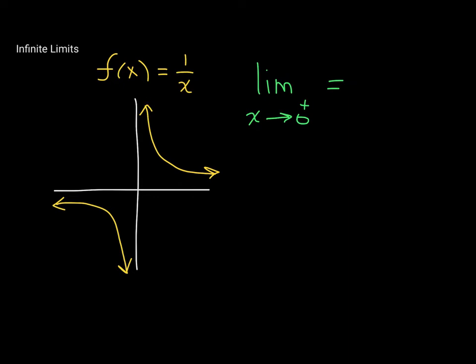And so, although we say f has no limit as x values approach 0 from the right, because infinity is not a real number, it is still helpful to write that the limit as x approaches 0 from the right is positive infinity to simply describe the behavior of our function.